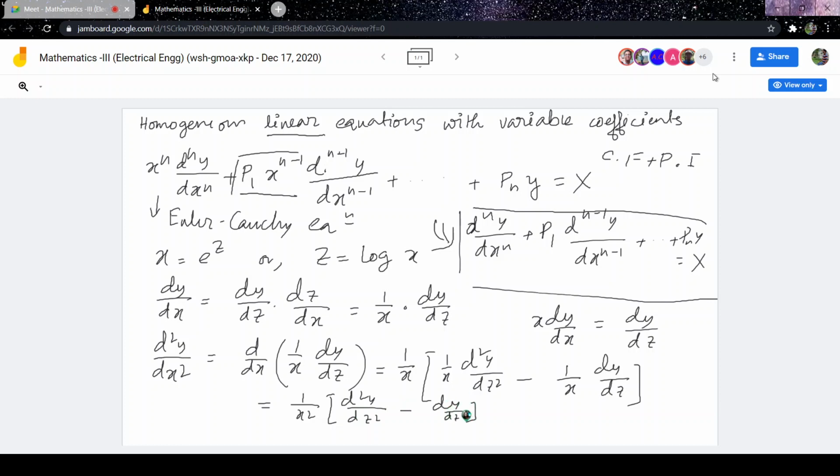That means x square d2y/dx square will be... similarly we can prove the d/dx of the last term was 1 by x square.